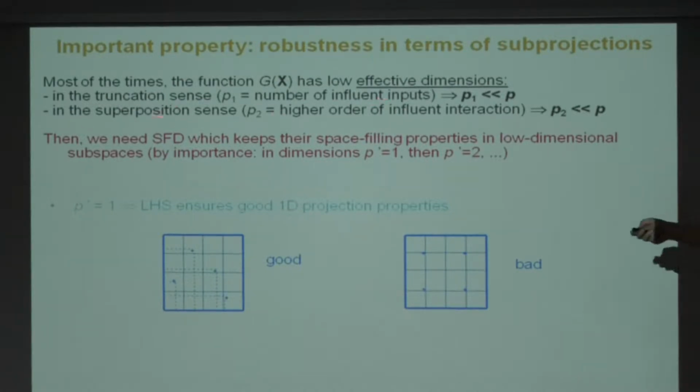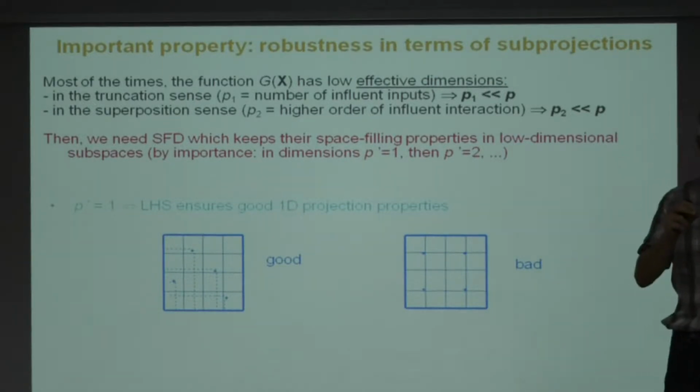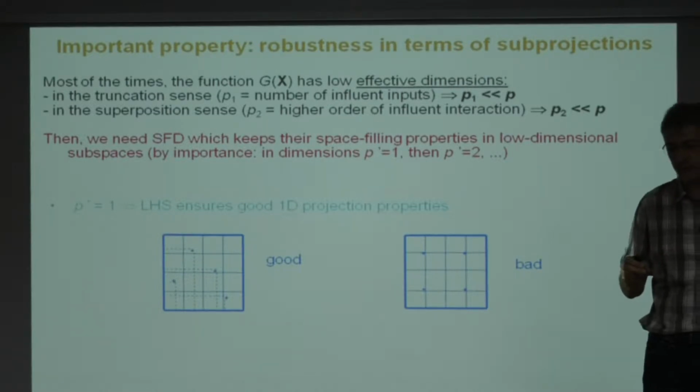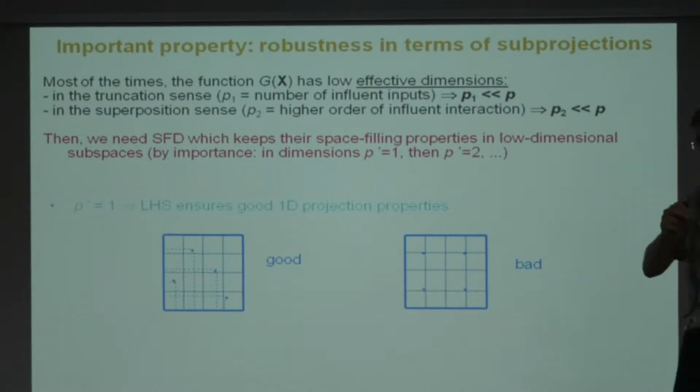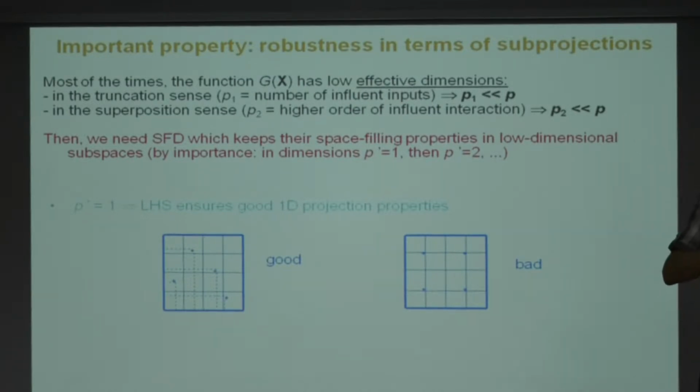And the effective dimension in the superposition sense is the higher order of influential interactions. I have explained to you that an interaction effect is between two inputs, but you also have interactions between 3 inputs, 4 inputs, and so on. Most of the time, you don't have an interaction of order p.